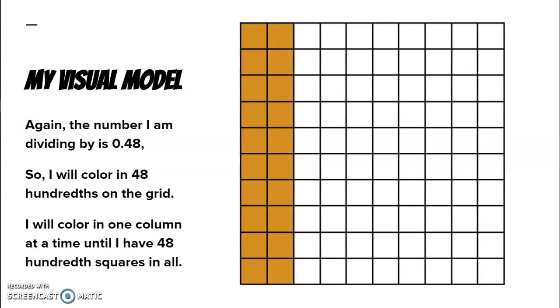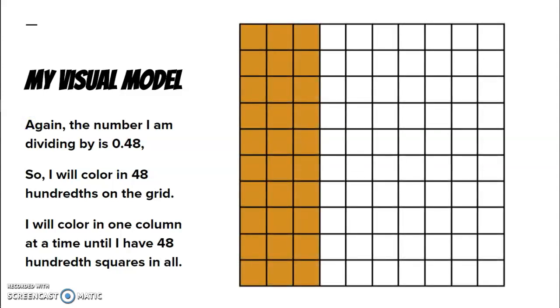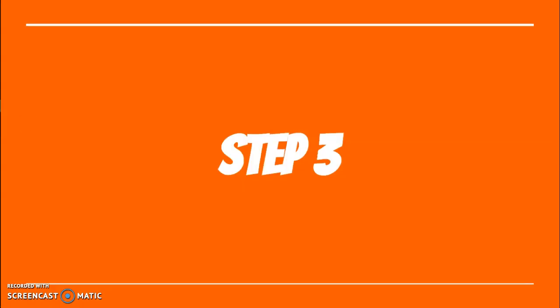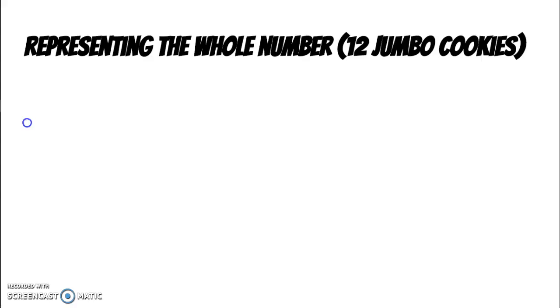There we have 20 hundredths, 30 hundredths, 40 hundredths, 48 hundredths, or I've shaded in 48 of the 100 squares. So let's take this to the next step.